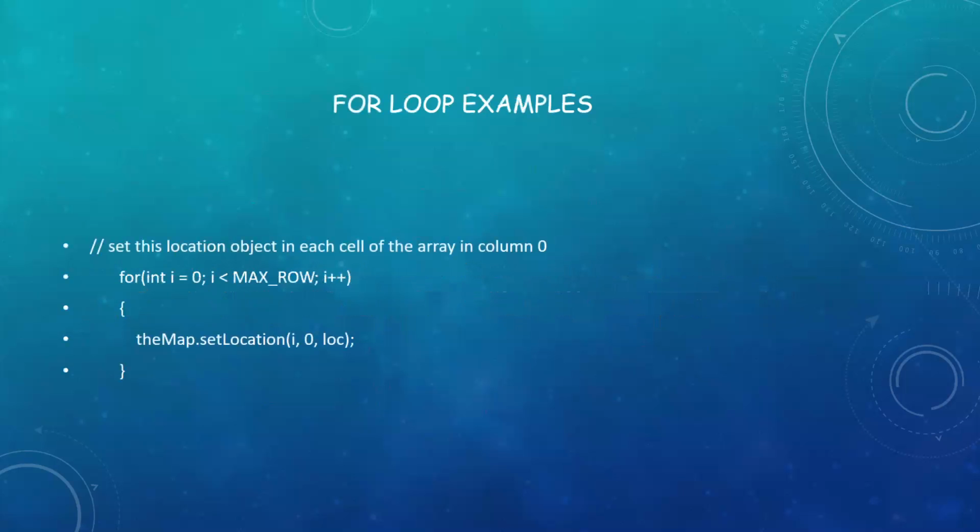So it'll run through this code and add 1, so i equals 1, and then i is less than max row, then it'll continue to run through this loop until it finds a number that is not less than max row, and then it will finish the loop of the array and move on through the code.